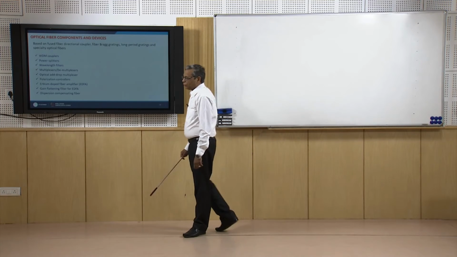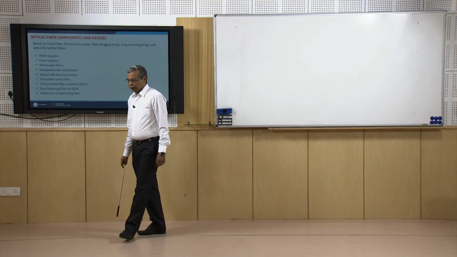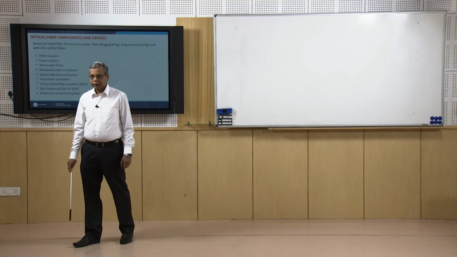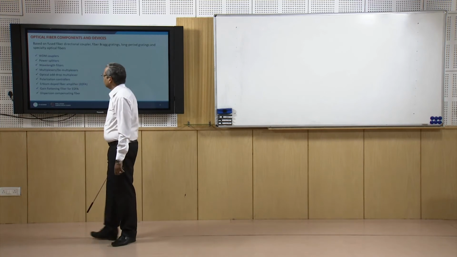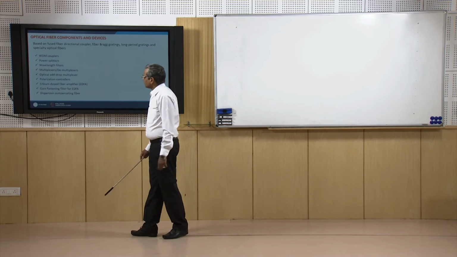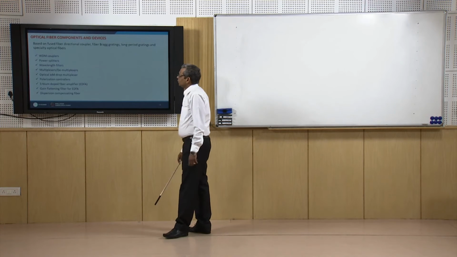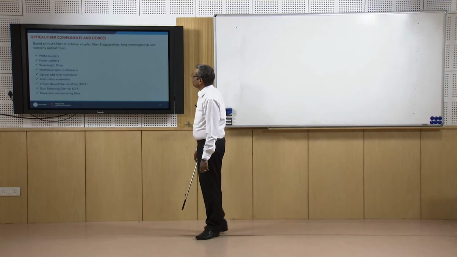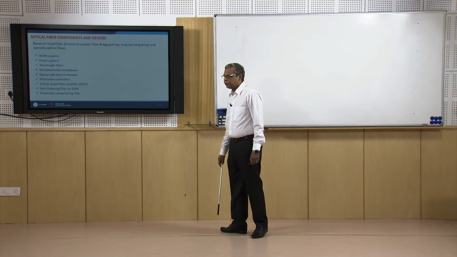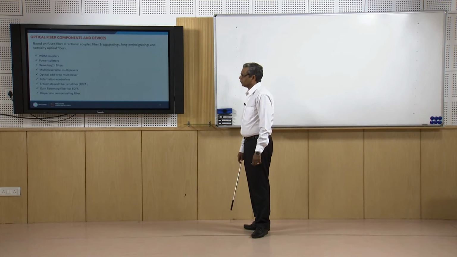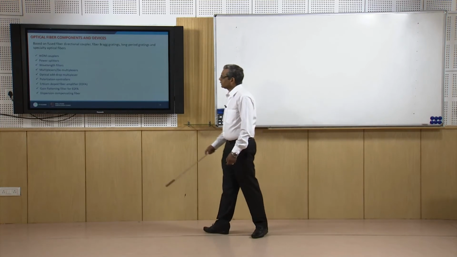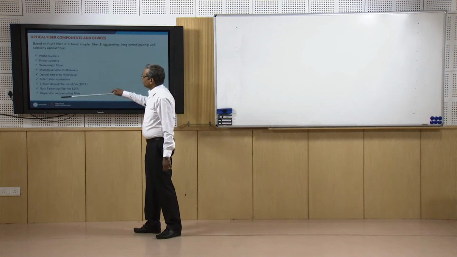Then you have various optical fiber based components, and these components are based on fused fiber directional couplers, fiber Bragg gratings, long period gratings and specialty optical fibers. I have just listed these components here.